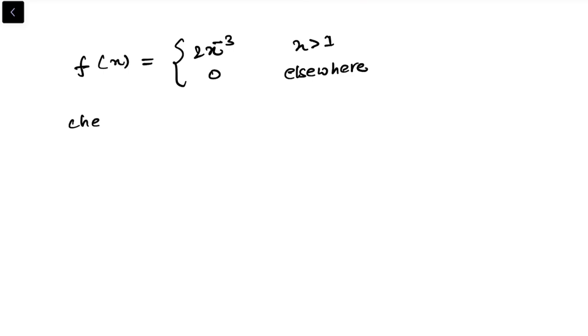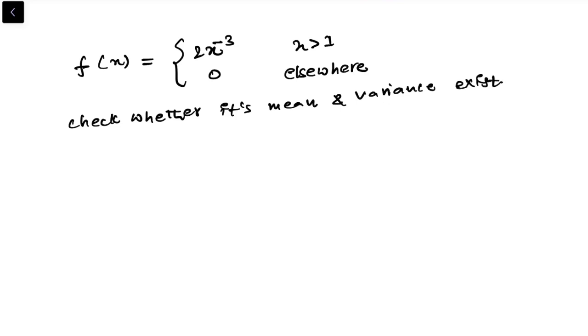You are asked to check whether its mean and variance exist. So you know, mean is simply expectation, and variance is expectation of x square minus whole square of expectation.